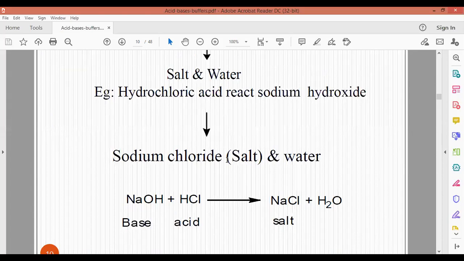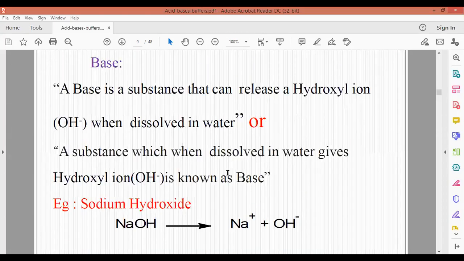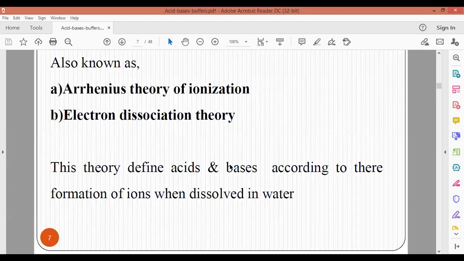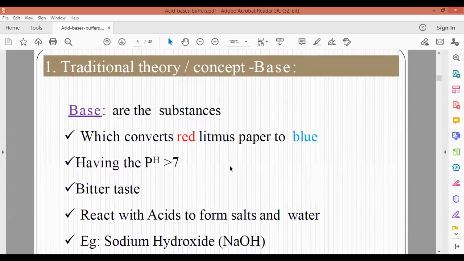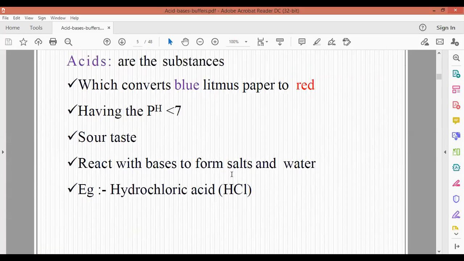Sodium chloride forms when hydrochloric acid reacts with sodium hydroxide: NaOH plus HCl gives the salt as well as water. So this is the definition of the acid according to traditional theory. What is meant by acids?